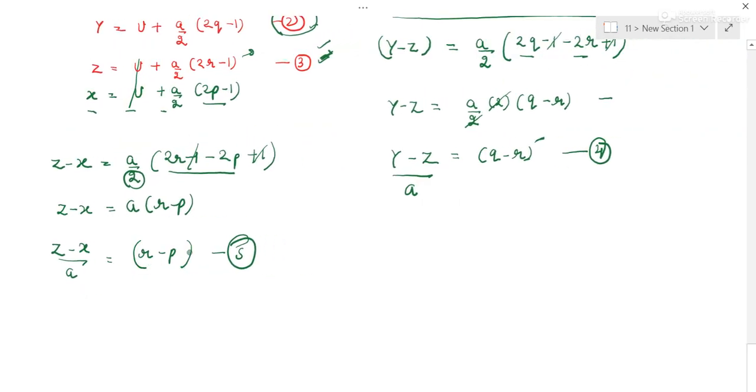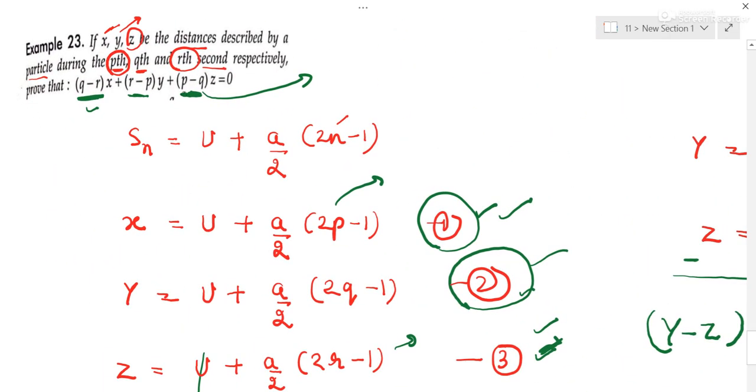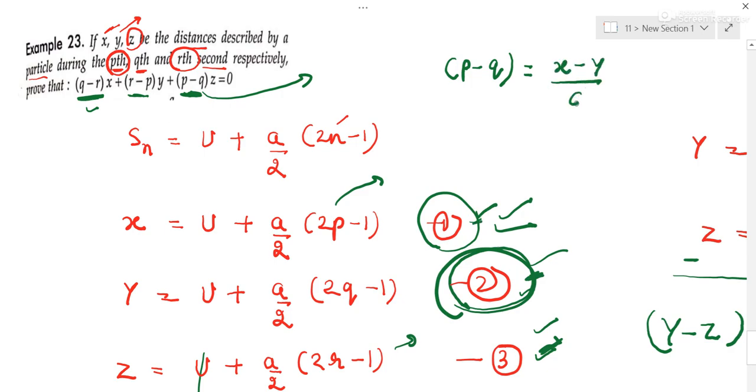Now the third value: you can see I need to find out p minus q. What would be p minus q? It will be the same as what we are getting for the rest of the two. Though you can subtract and check, you have to subtract the q equation, that is the second equation, from the first, and you will get the answer. 2 will come down, 1 will be up, so it will be coming as x minus y upon a.